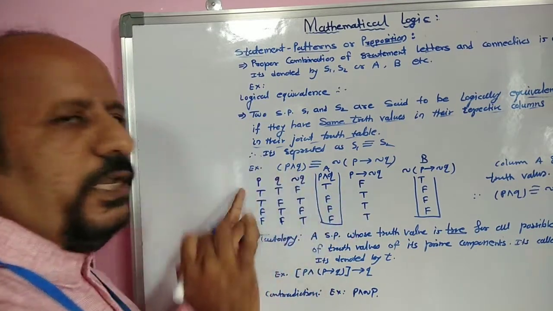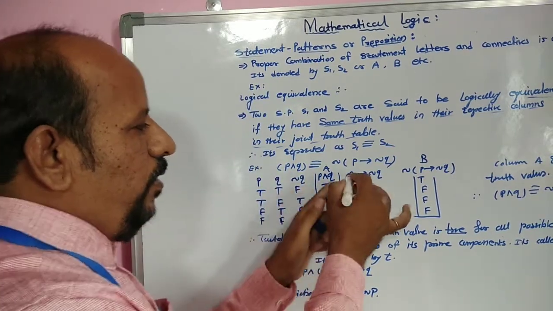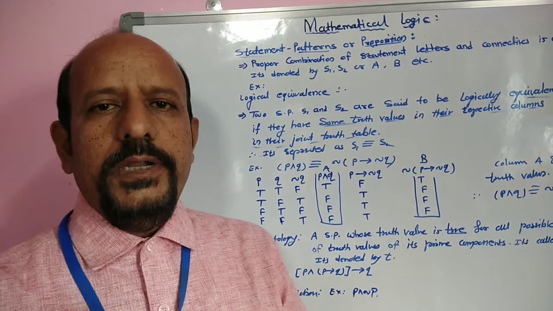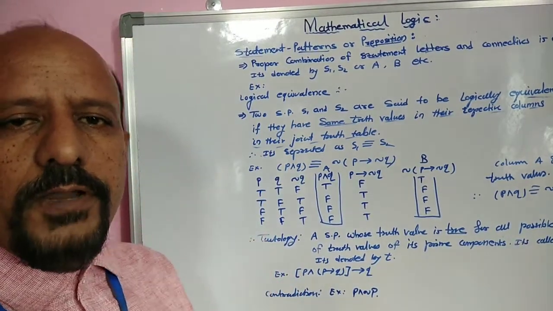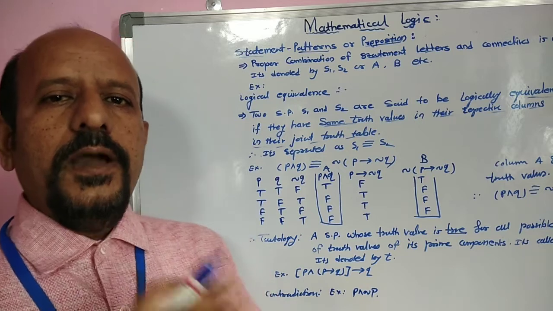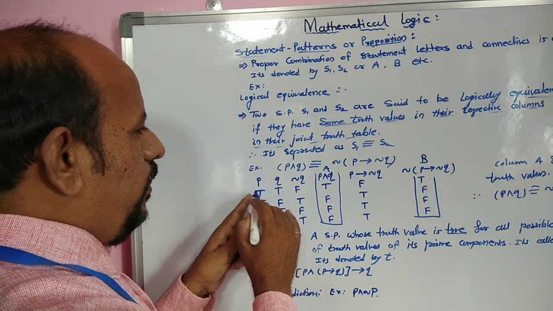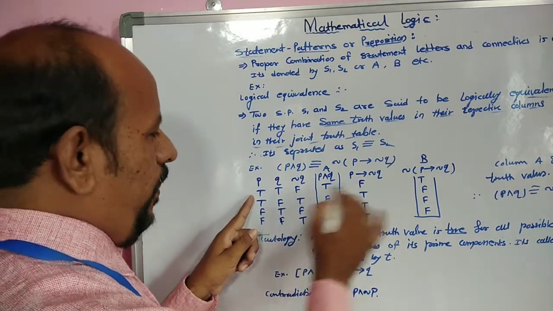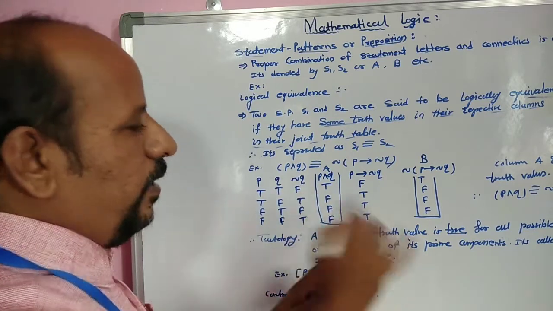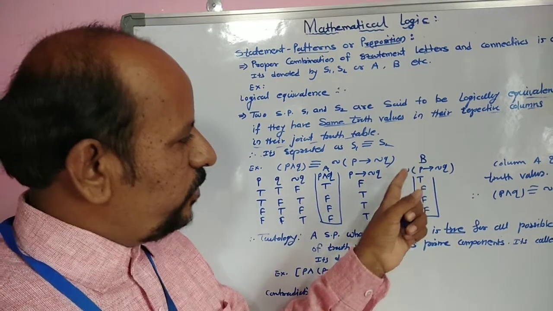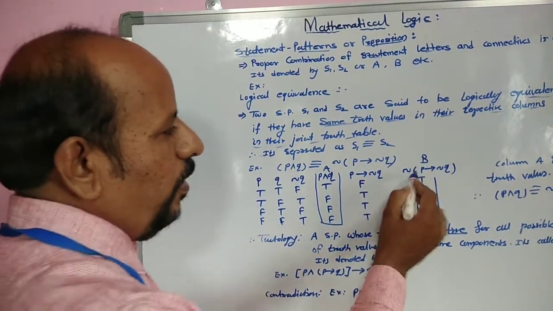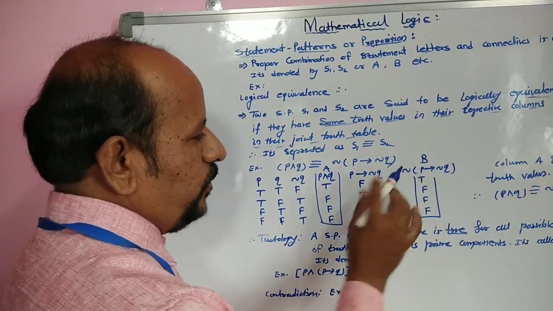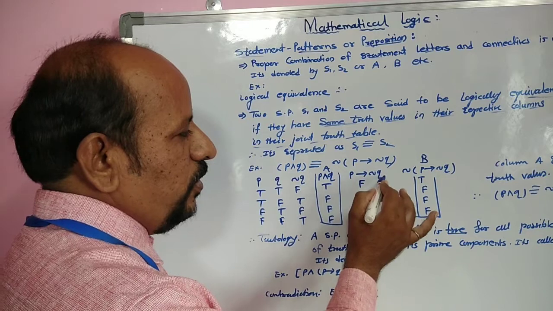In P implies negation Q, we use the table of one-way implication. T, F gives F, so first observe T and F: T, F, F, and all others are true. Next, negation of (P implies negation Q).